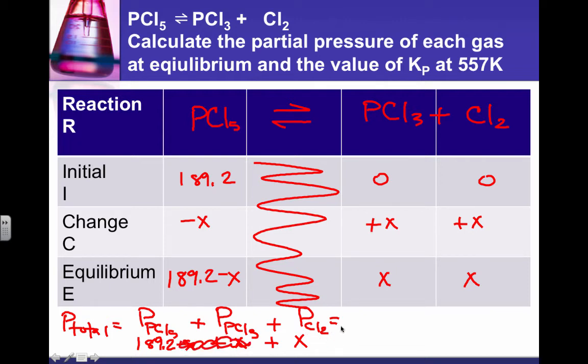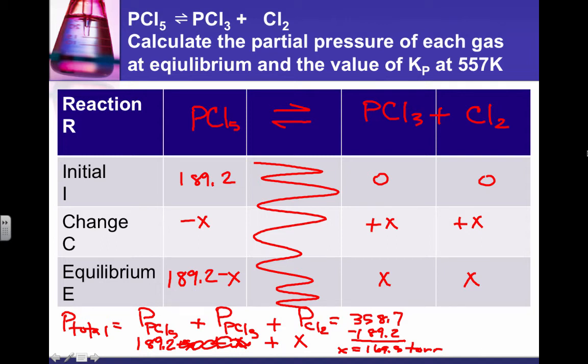And the total pressure at equilibrium is also given to us in the problem, 358.7 torr. So really this worked out to be a very simple algebra problem. If I subtract the 189.2, then I can determine the value of X, where X now is equal to 169.5 torr.